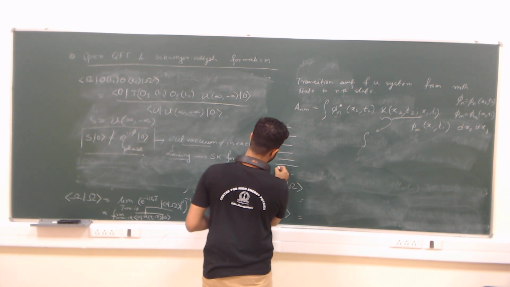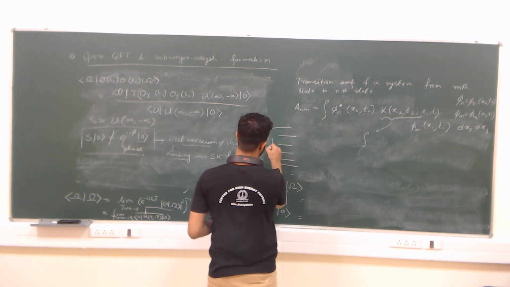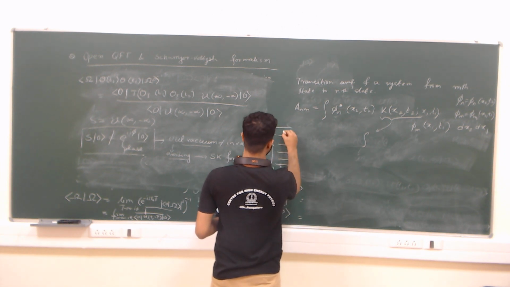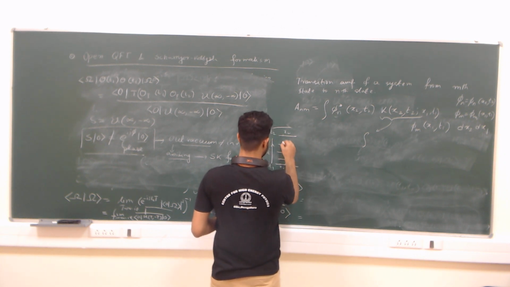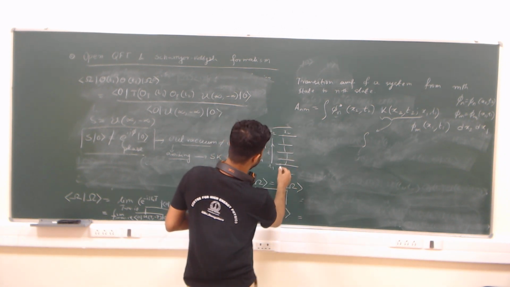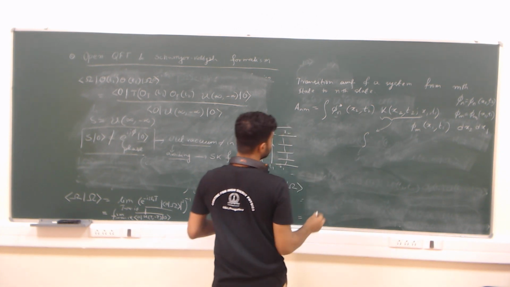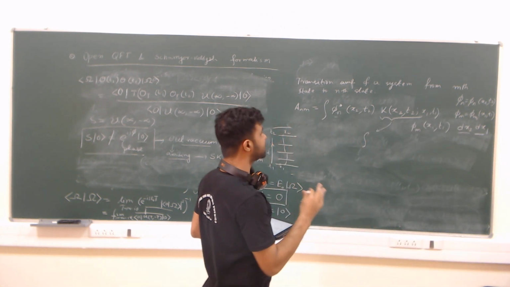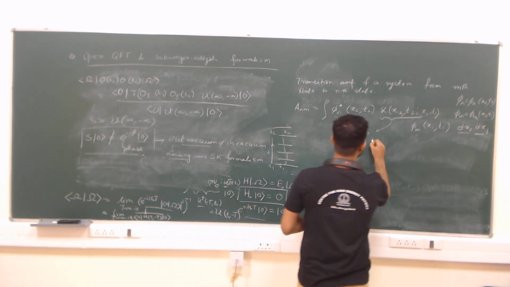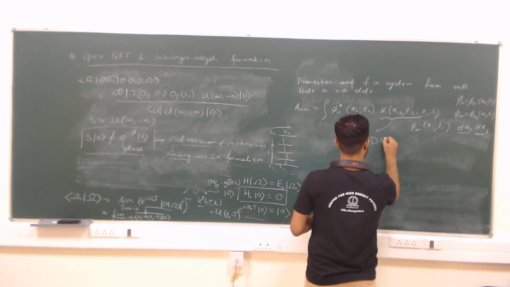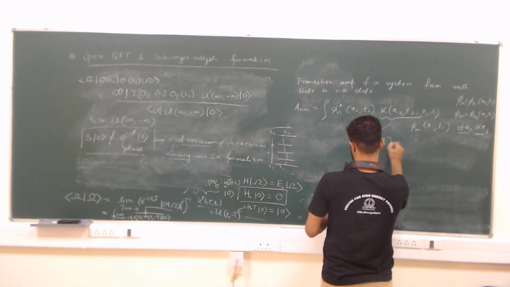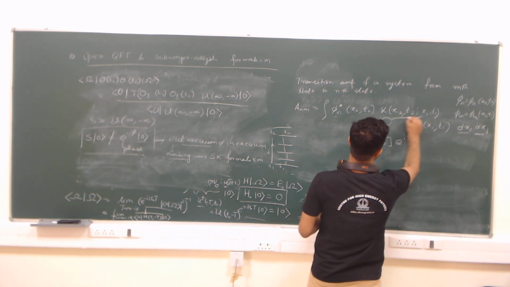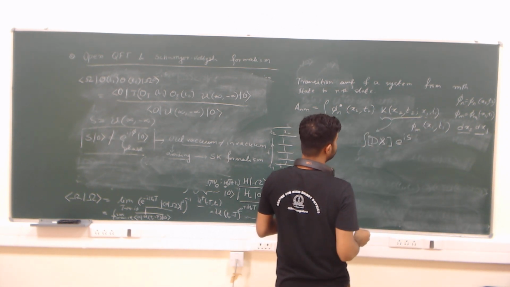This is my t direction. This is t1, this is t2, starting from x1 and ending at x2. I have many dx's, small time steps and small position steps in which I have divided this whole integral. So I have kept here the dx2 and dx1 part where I will have to use the boundary conditions later on. But the rest of the things we have included in this. And this is basically this part. This is what we write as K(x2, t2; x1, t1).